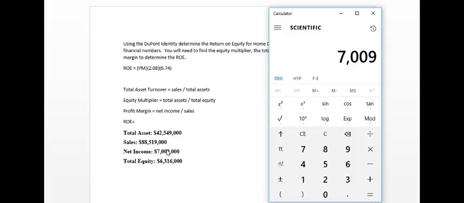It's a tip when you're on a test, especially in a finance class, and you don't have a lot of time. So net income over sales, divided by 88,519, equals 0.078 or 079, sorry. So I'm going to go with 0.08 as the number I'm going to use.